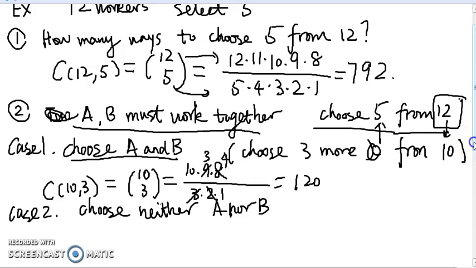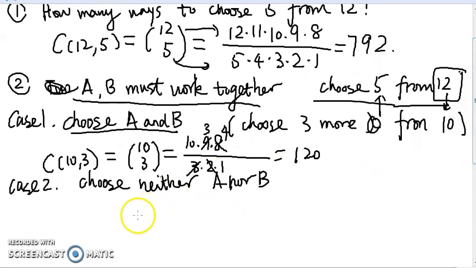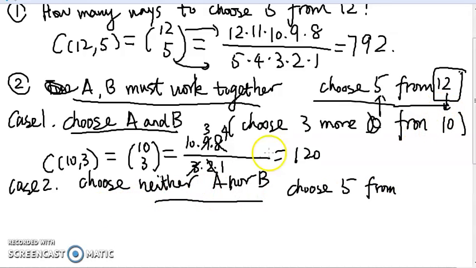Then we look at what if we decided to choose neither A nor B. That means we don't have anybody yet, and we still need to choose 5 people. But these 5 people cannot come from 12, because we decided we cannot choose A or B. We still have 10 people left if you cross A and B out from the 12. So we're choosing 5 people from 10.